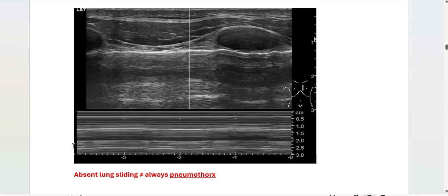Through the scan we come to know that, because this line which you can see just keeps moving, but in the case of pneumothorax it's not moving, it's static. And can you see this chaotic movement? These are the muscle layers, and these are the ribs and the rib reflection, and here we can see the air.